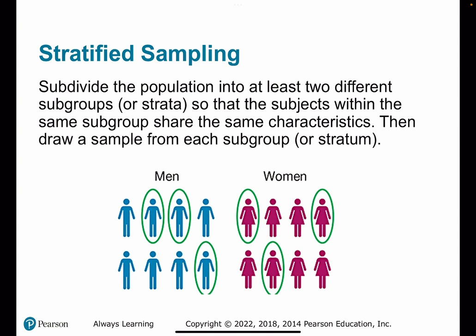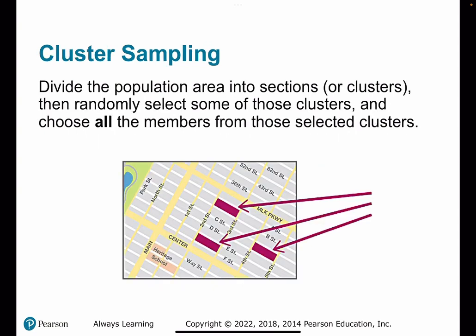But the key is that with cluster sampling, let's do that one first. With cluster sampling, once we've divided the population into the several groups or blocks, if you want to call them that, then we randomly select certain of those clusters. That's what they're called, clusters.